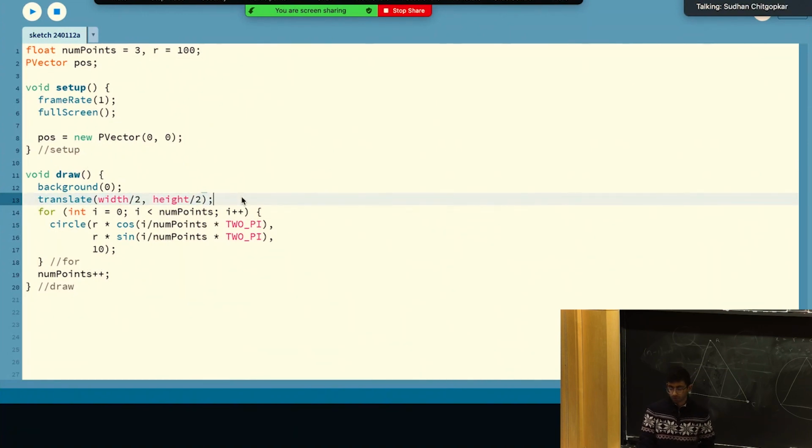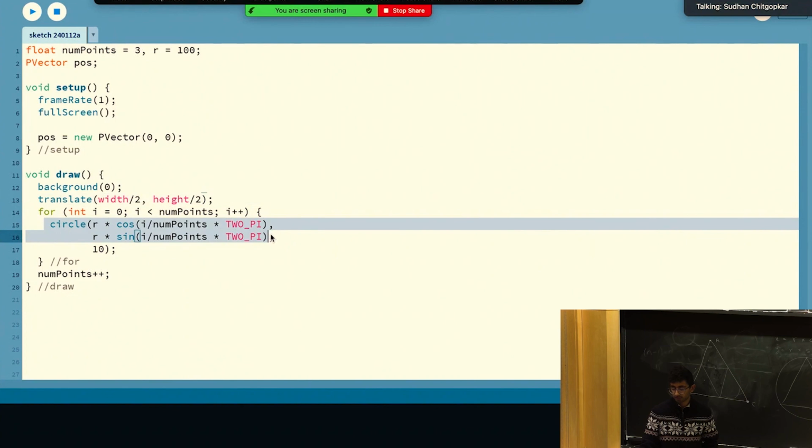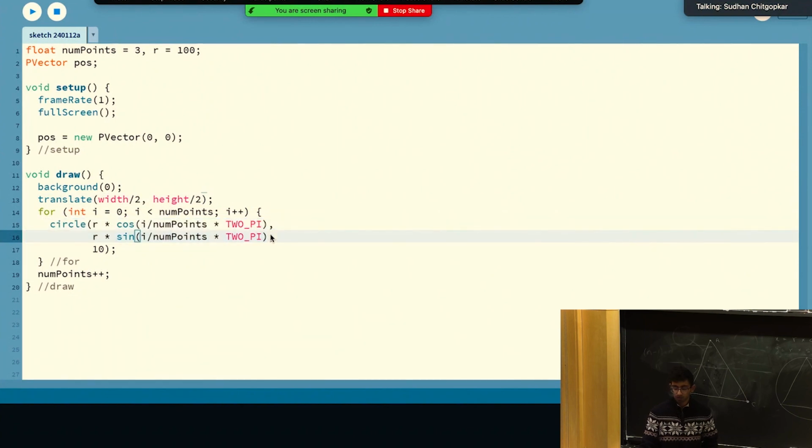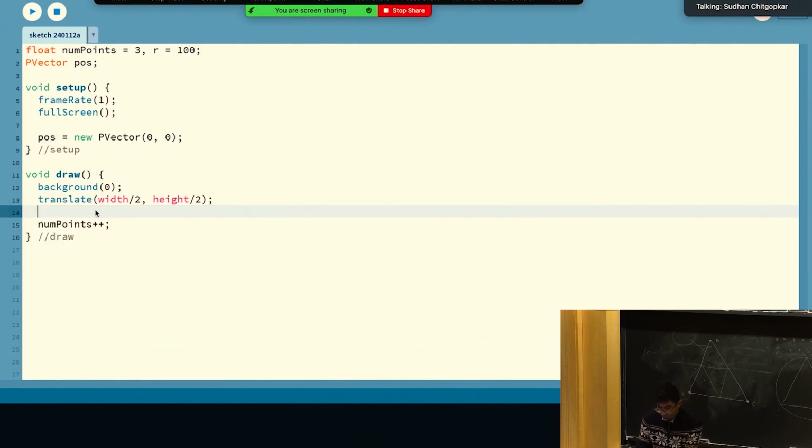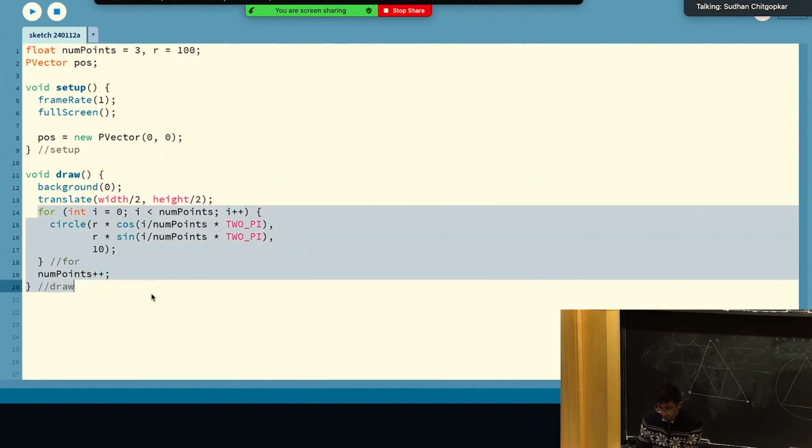Okay, so we have a position, and we know how to calculate the vertex for any given point. Now what we need to do is randomly generate a vertex, find the midpoint between our current position and that vertex, and then plot it. So let's break that down. Let me get rid of all of this, actually.